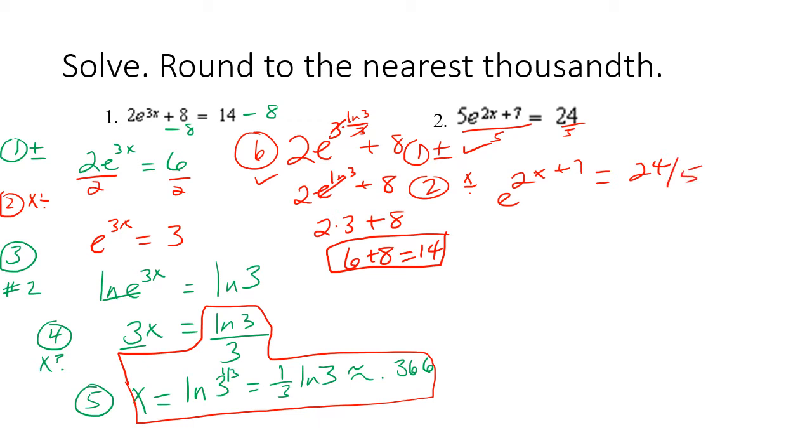Okay, now step 3 is to apply property number 2. So that gives me the natural log, and I do to one side, I do to the other. And it's going to undo, so I'm left with 2x plus 7 equals the natural log of 24 divided by 5.